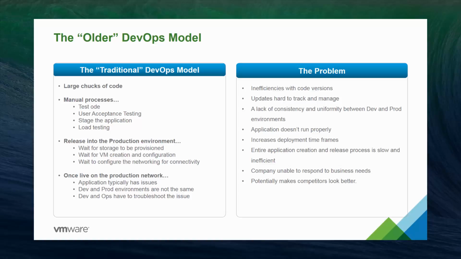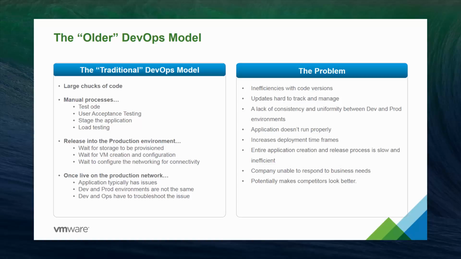Essentially, you use them to try to find the bugs, and also to make sure that the application is actually doing what those users need it to do, so making sure that the developers have interpreted the need of what the application has to do. Then they're going to stage the application, and then they're going to do load testing on it.